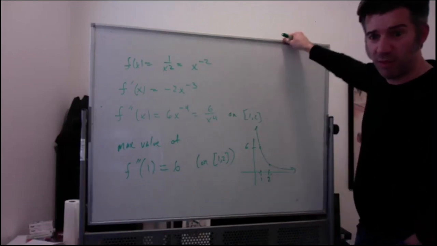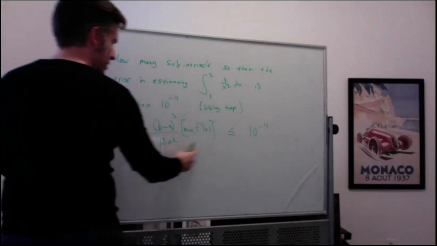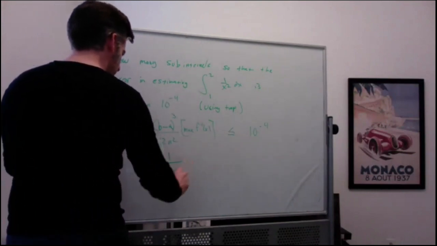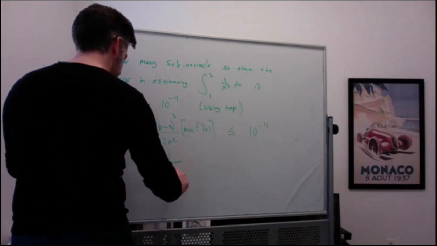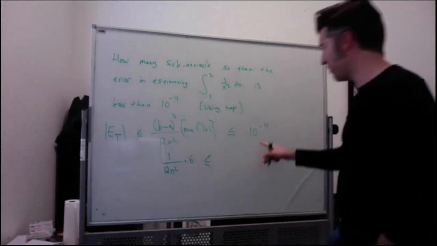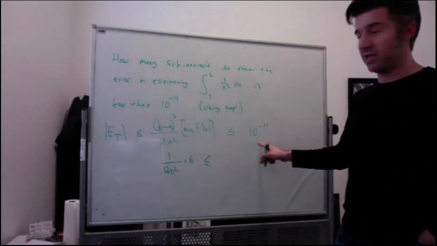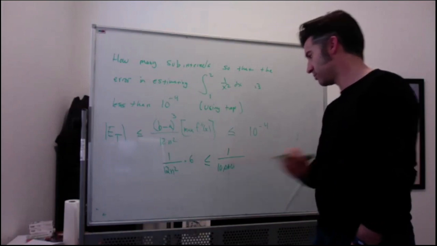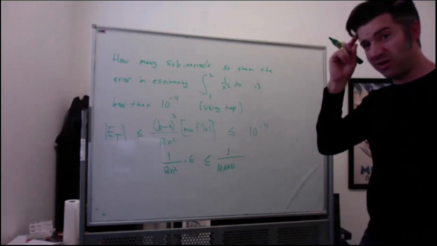All right, so let's go back and plug everything in. We need this to be less than that. b minus a is 1, and 1 cubed is 1. So 1 over 12n squared times 6 is less than or equal to 1 over 10 to the fourth, or 1 over 10,000. I'm trying to solve for n.